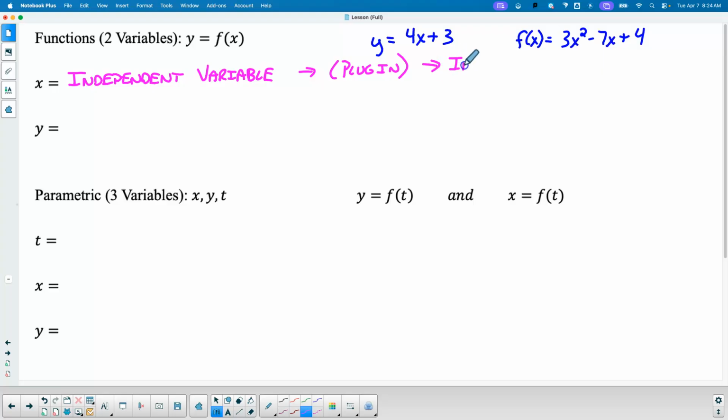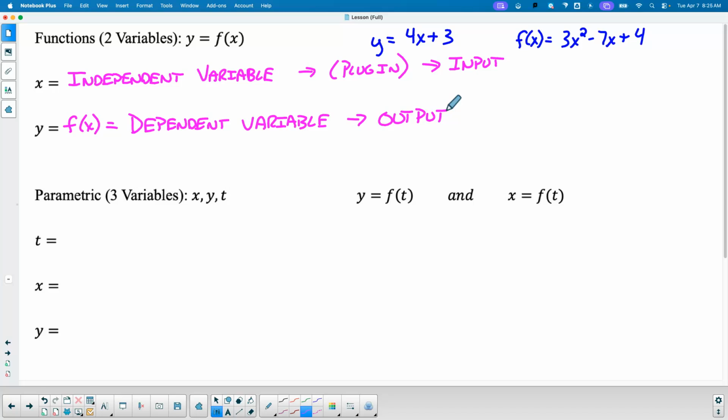X is what you plug into the function. It's your input. Y then, or f of x, is your dependent variable. It's what you get out. It's your output. The value of the function, if you will.